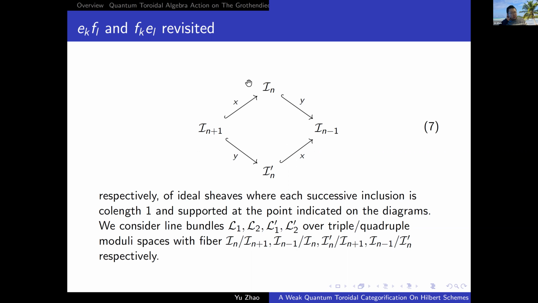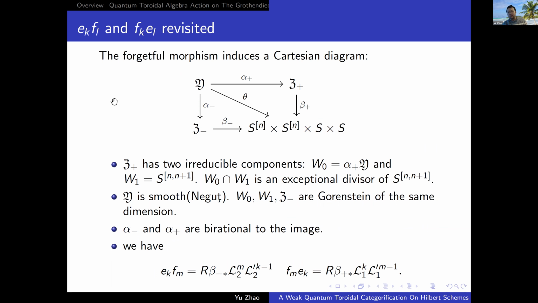Here we could moreover define several line bundles L1, L2, L1', L2', just like what we did for the Nakajima Hilbert schemes, corresponding to line bundles with fibers of these points respectively. The relation of Z plus, Z minus and Y is given by this Cartesian diagram. We could always map Z plus to S^n times S^n times S times S by remembering the I_n' and the points x and y. So it gives us a Cartesian diagram.